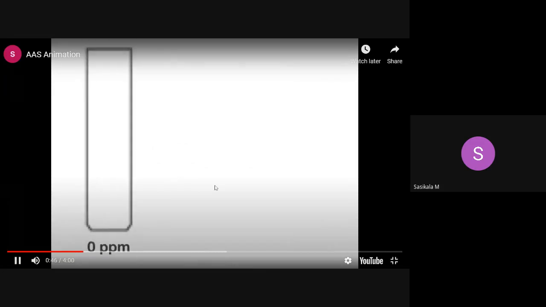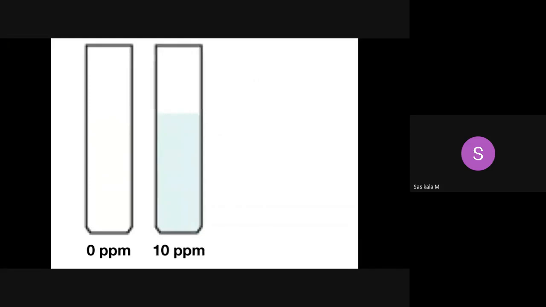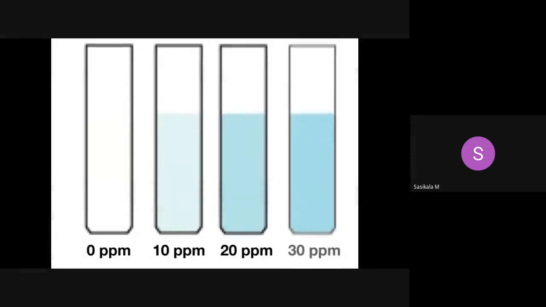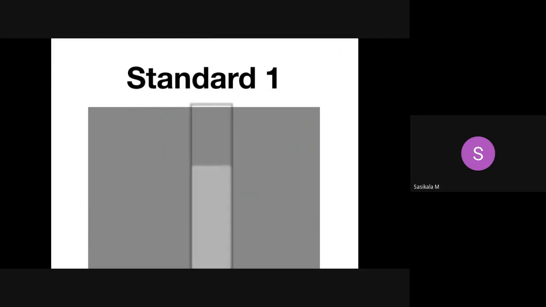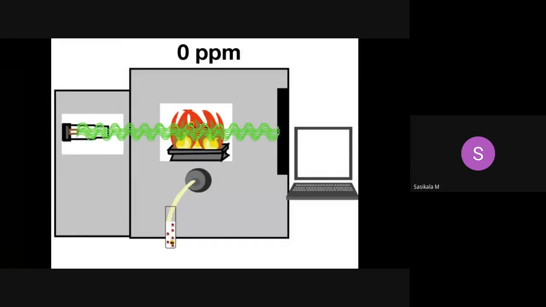For standard solutions, you can prepare different standard solutions: 0 parts per million, 10 parts per million, 20 and 30 parts per million. Standard 1 is 0 parts per million, which means no sample is there in the first solution, so it has to give 0 absorbance only. When light is passed, absorbance will be 0.